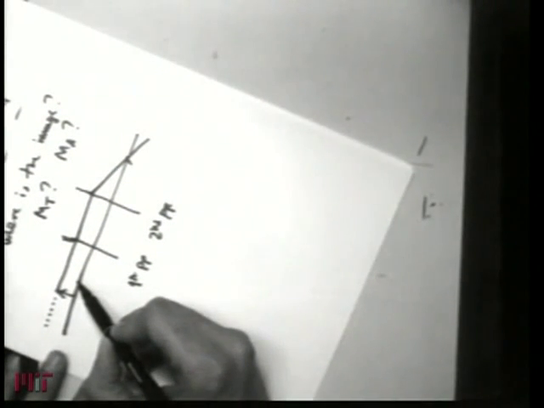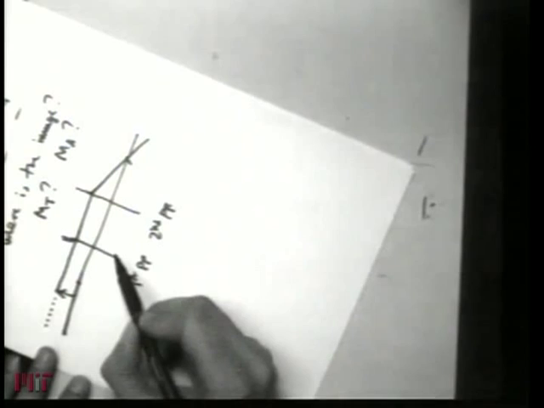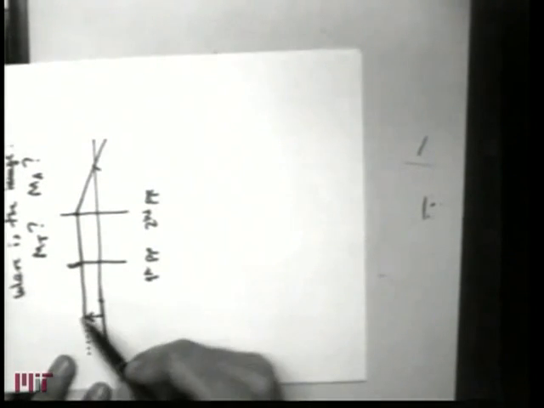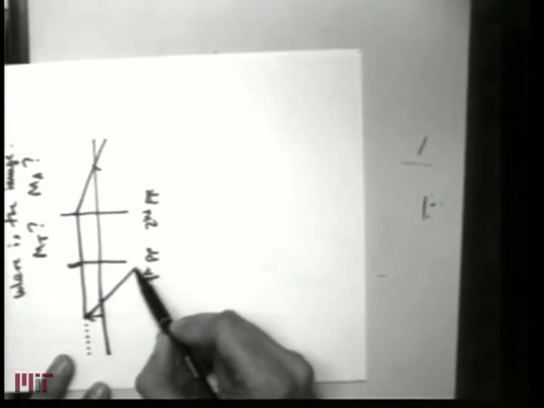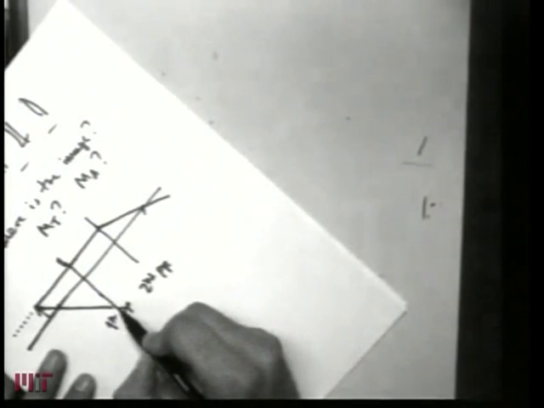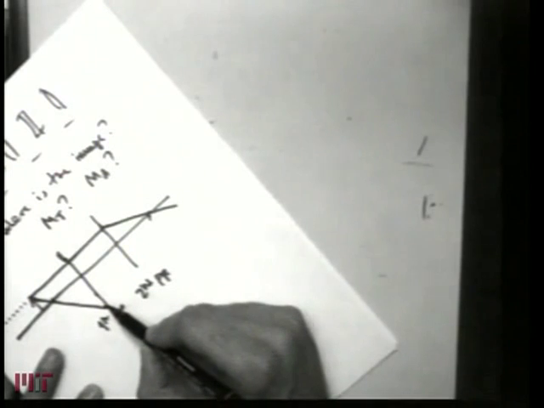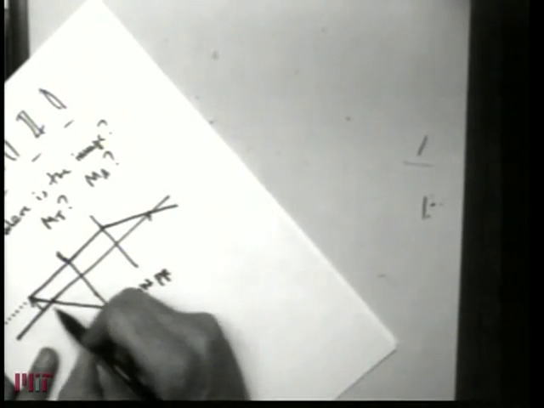Now let me take a ray that goes through the focal point one focal distance to the left of the first principal plane. Okay, I will run out of space here, but that's okay. This ray will have to hit the first principal plane and then turn horizontal, because this is equivalent to a point source one focal distance to the left of the lens that would be imaged at infinity.